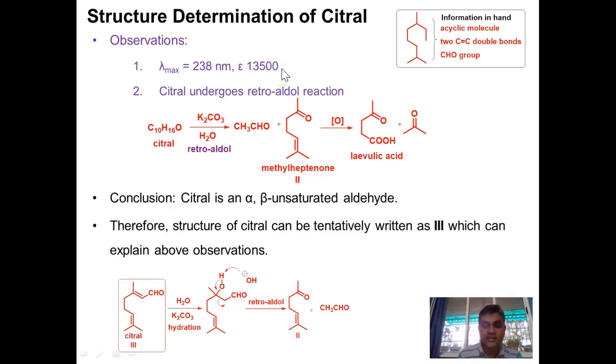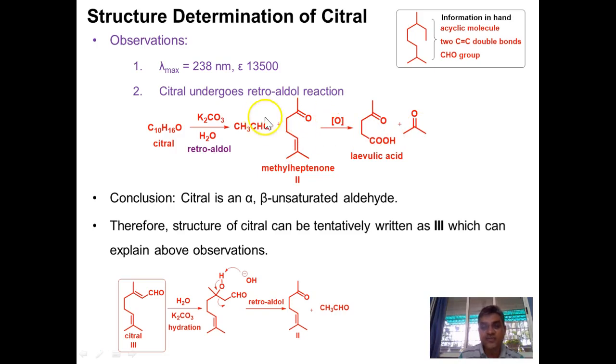Now the characteristic reaction of an alpha beta unsaturated carbonyl compound is the retro-aldol reaction. Citral on reaction with K2CO3 for a prolonged time leads to the formation of two carbonyl compounds: one is acetaldehyde and the other is methylheptenone. And the structure of methylheptenone was proved on the basis of an ozonolysis experiment, where it forms levulinic acid as well as acetone.